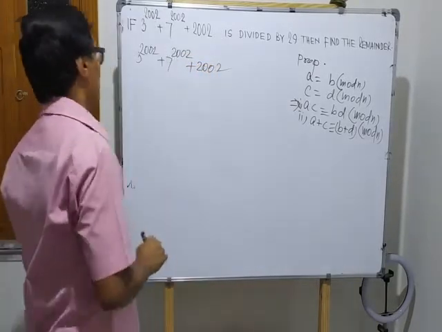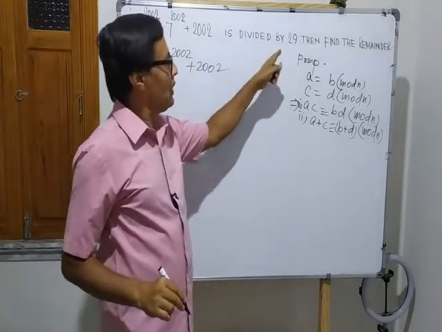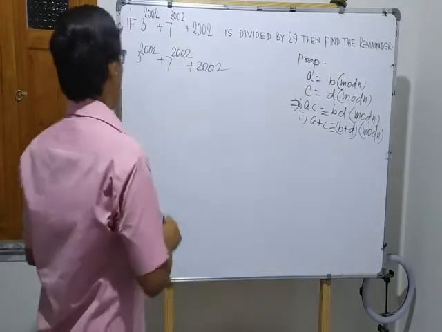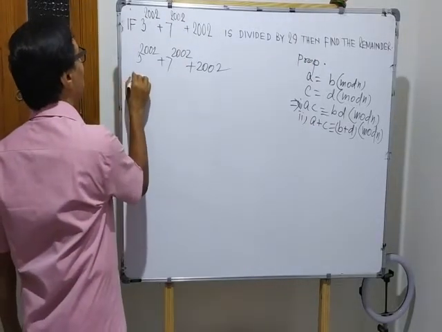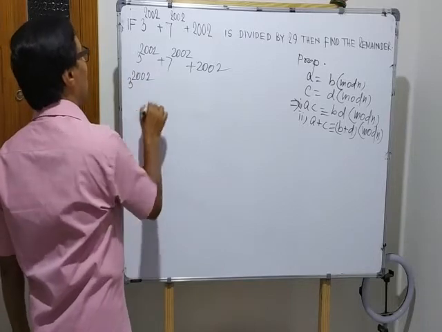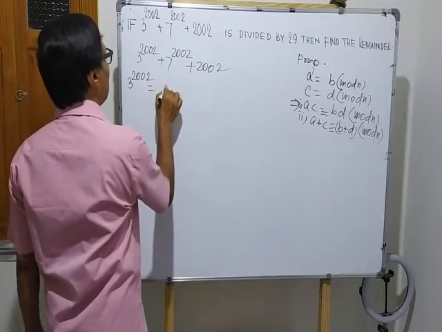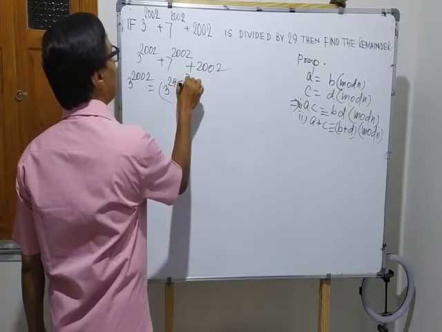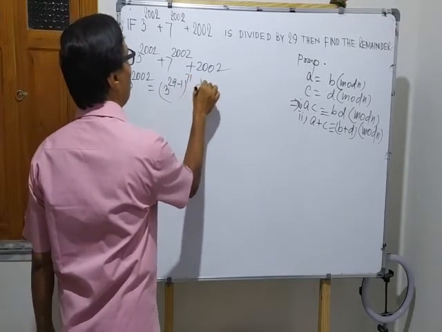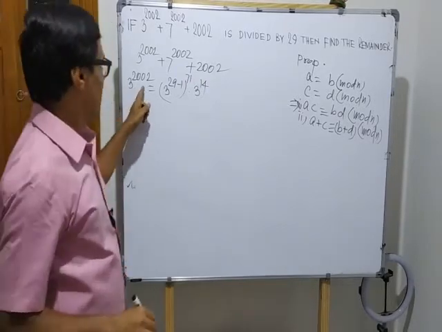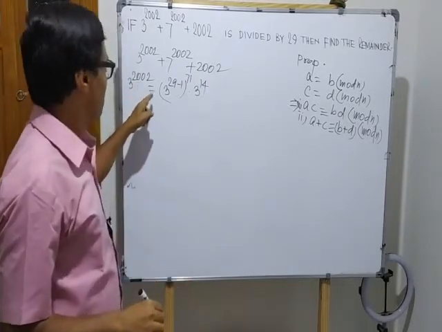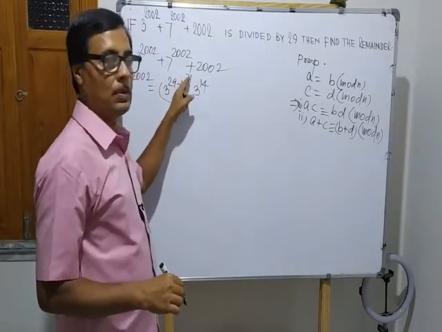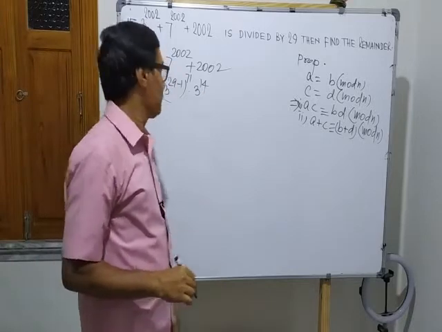If this is divided by 29, then we have to determine the remainder. Now 3 to the power 2002 can be written as 3 to the power 29 minus 1, to the power 71, into 3 to the power 14.